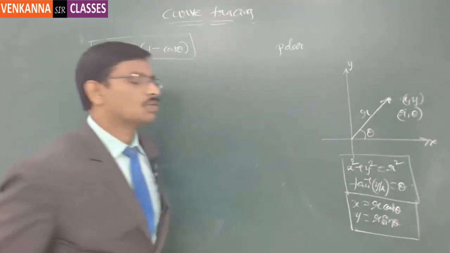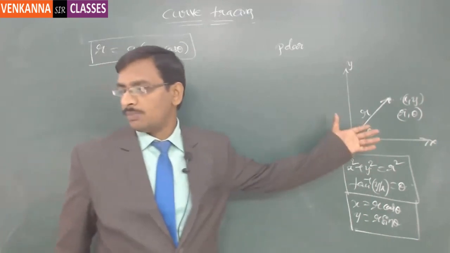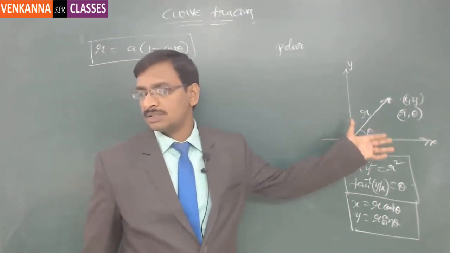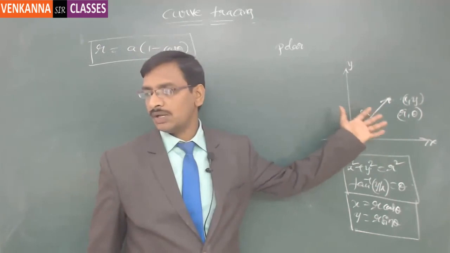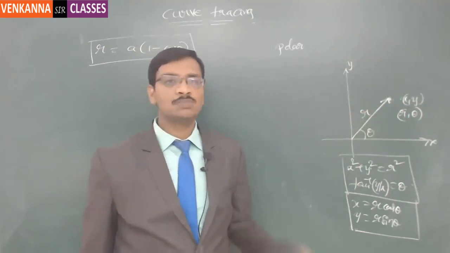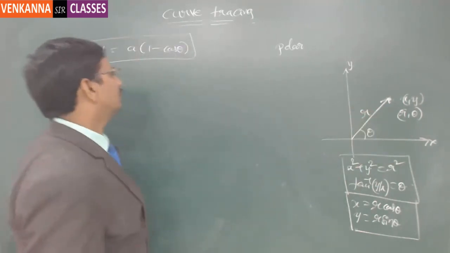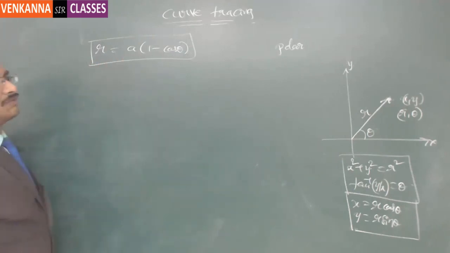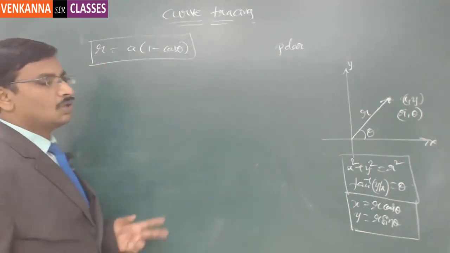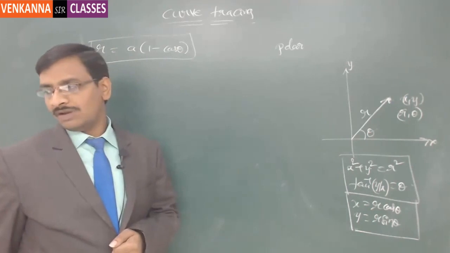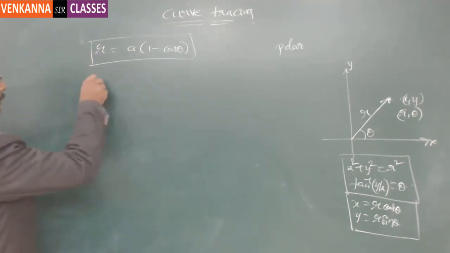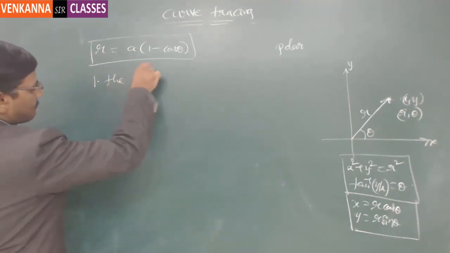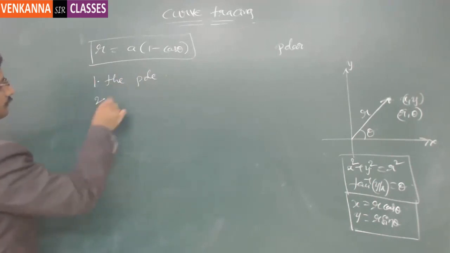If you overlap both the Cartesian and polar coordinate systems, you will find x, y, r, theta like this. But if it is purely a polar coordinate system, then only r and theta will be there. Now, two important aspects you have to be aware of: one is the pole, and the second is the initial line.